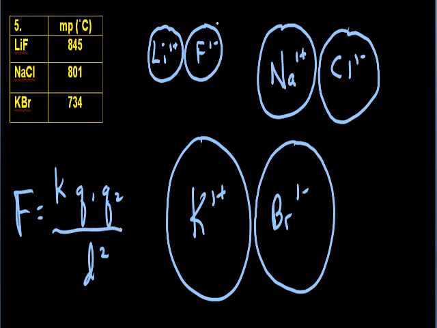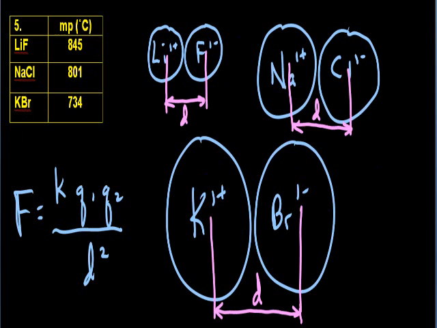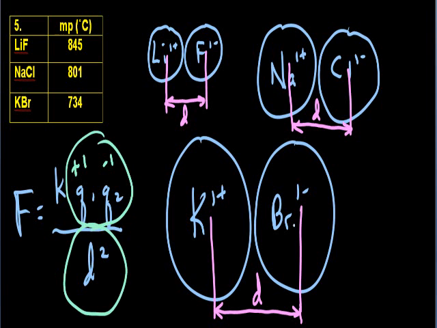Now, as we go from lithium fluoride to sodium chloride to potassium bromide, we're moving down the periodic table. Even though they're all +1 -1 ions, the size of the ions increases as we progress down the periodic table. The size of our Q1 and Q2 is remaining the same, but the ionic radius is changing, which changes the distance in Coulomb's law.